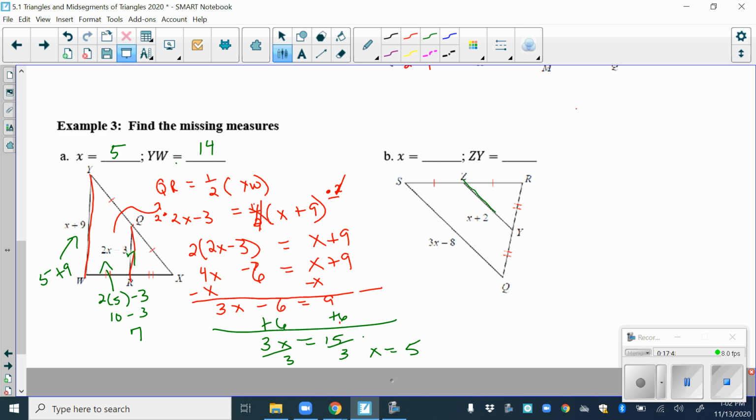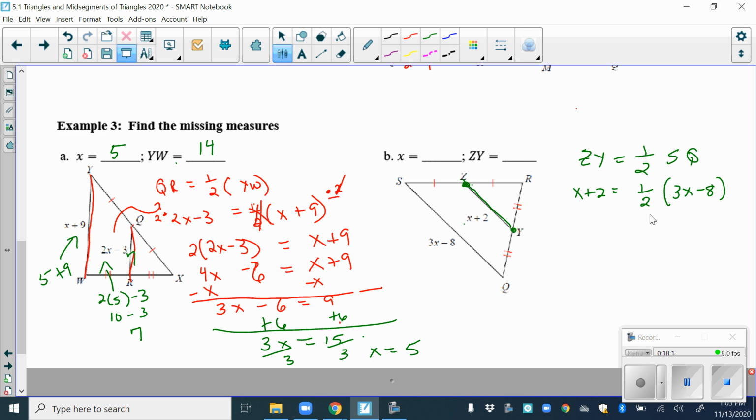ZY is a midsegment. So ZY is going to be half of, and we know it's a midsegment because CZ is congruent to ZR. So Z is a midpoint, Y is a midpoint. ZY is going to be half of SQ. So ZY, I plug in x plus 2 equals 1/2 times 3x minus 8. Okay?